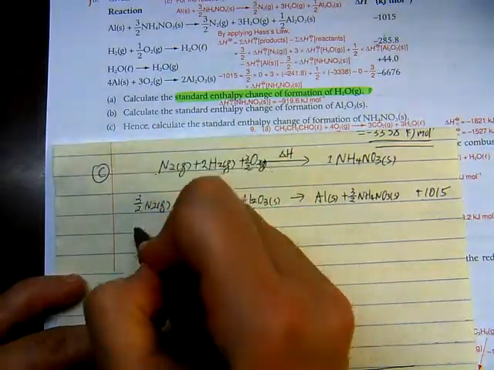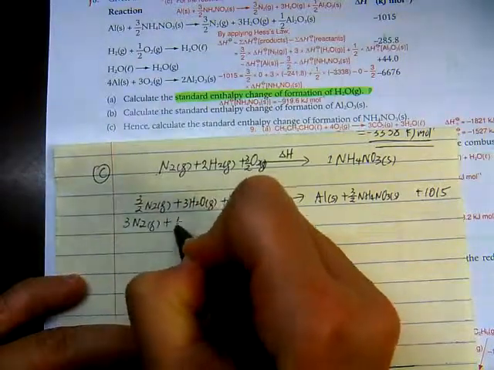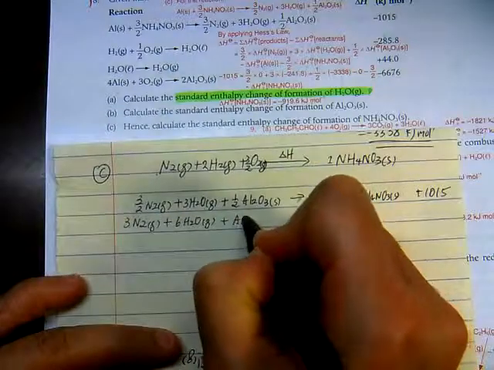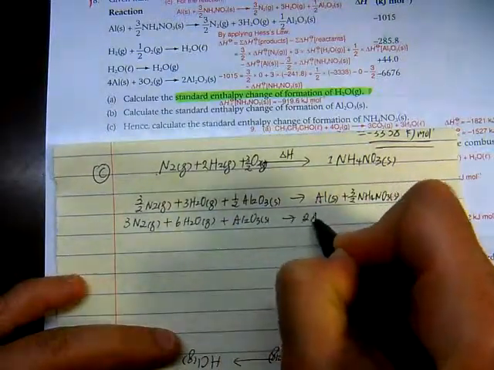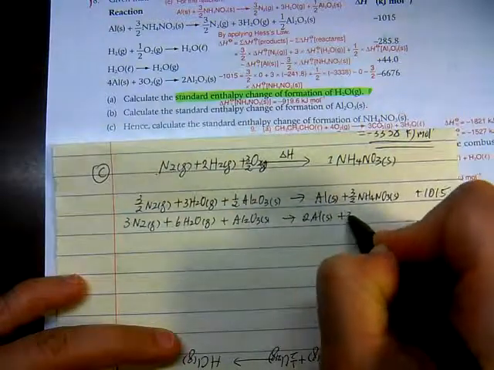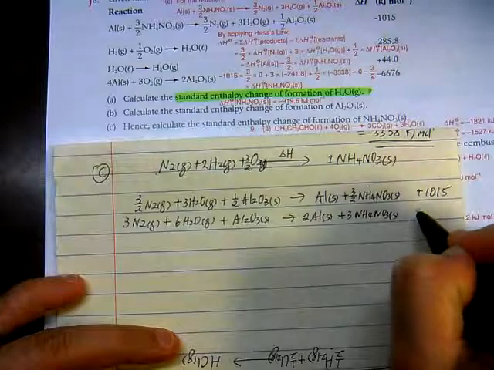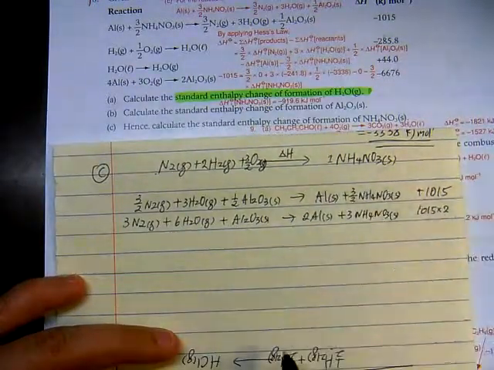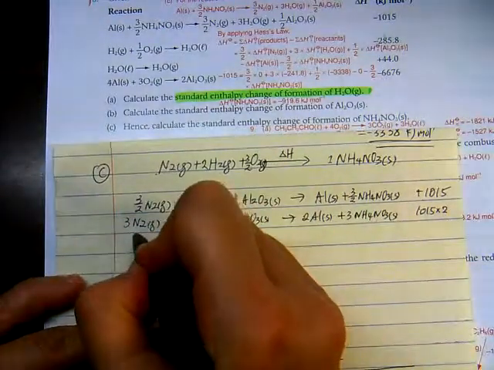Now, I do it step by step, okay? Multiply the whole equation by 2. For the delta H, it must be multiplied by the same factor. And then next, divide the whole equation by 3.